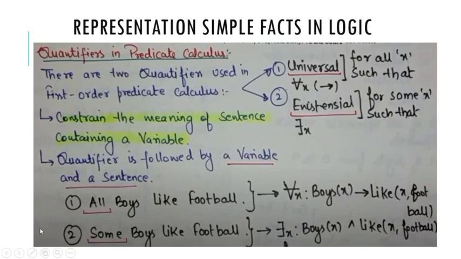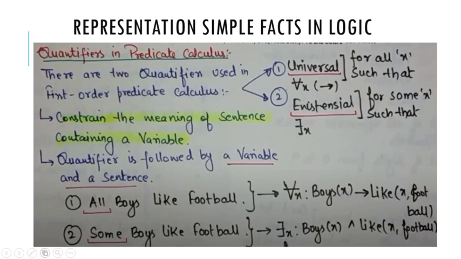Suppose we take the first example sentence: all boys like football. Here it is universal, for every x, where x is a boy, and x likes football.